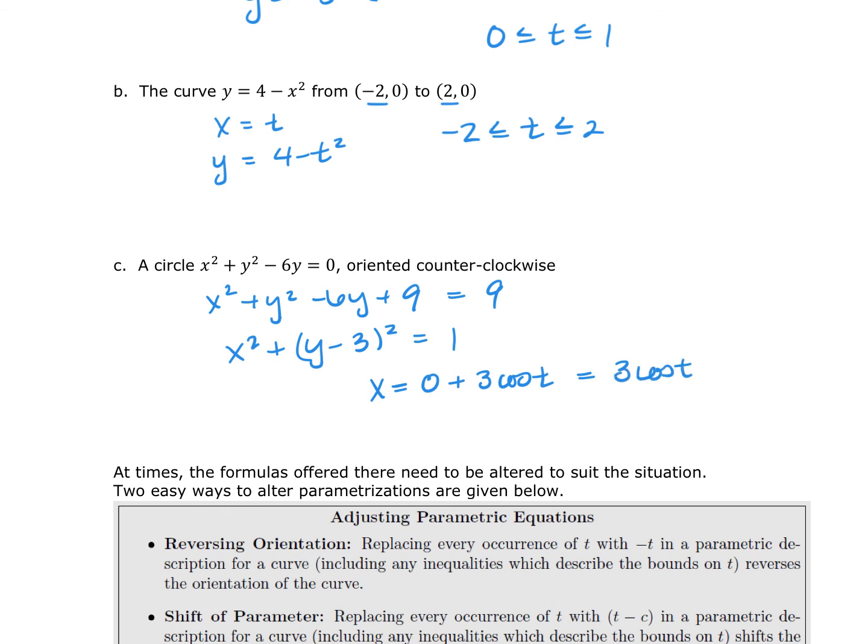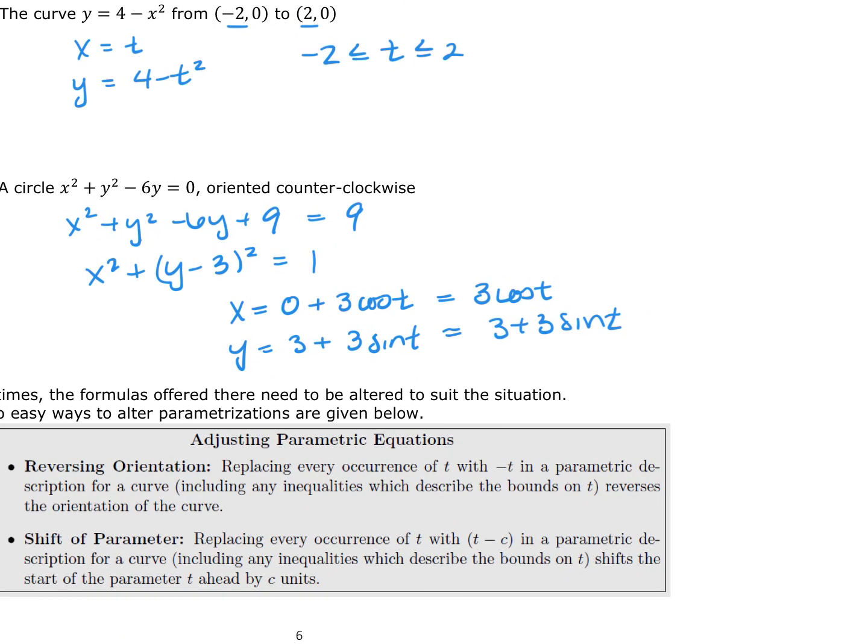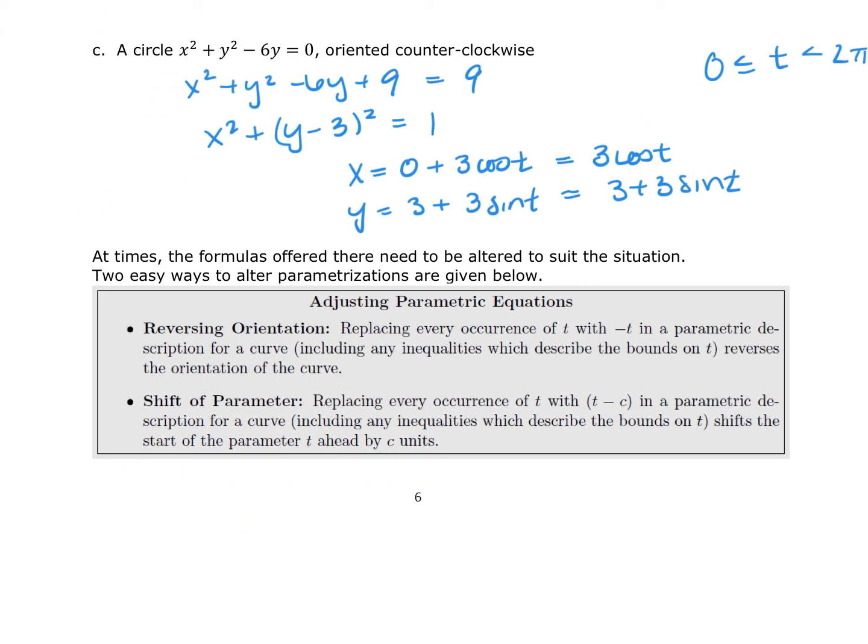And then my y is going to be the y part, or the k, of the center of the circle, which happens to be 3, plus 3, that's the radius, times the sine of t, which gives me just 3 plus 3 sine t. And of course, since this is a circle, it really doesn't matter how far we go, but we do need to go all the way to 2 pi, so 0 to 2 pi. We can go more than that, but it's really not necessary to go beyond that value for t.